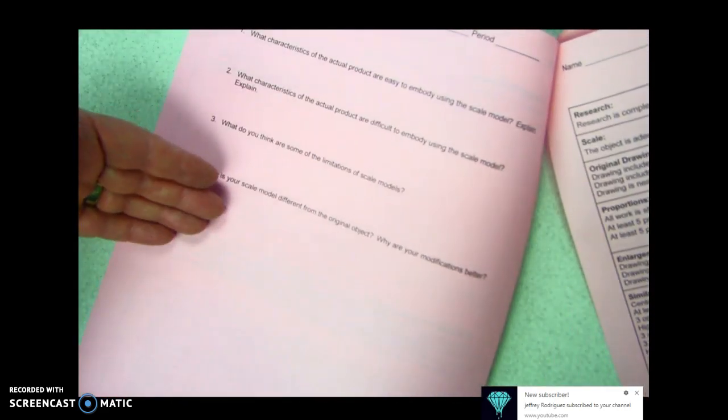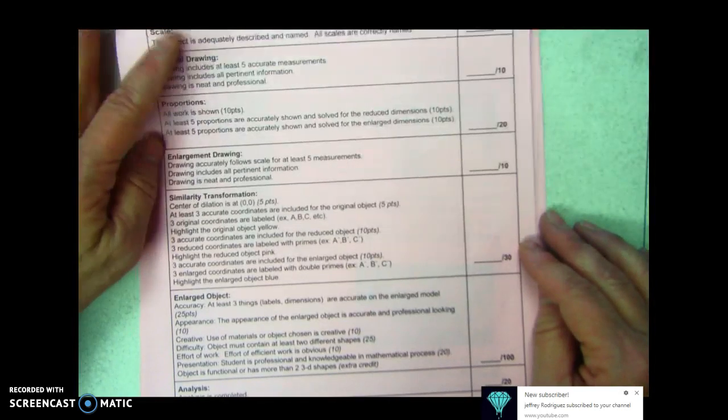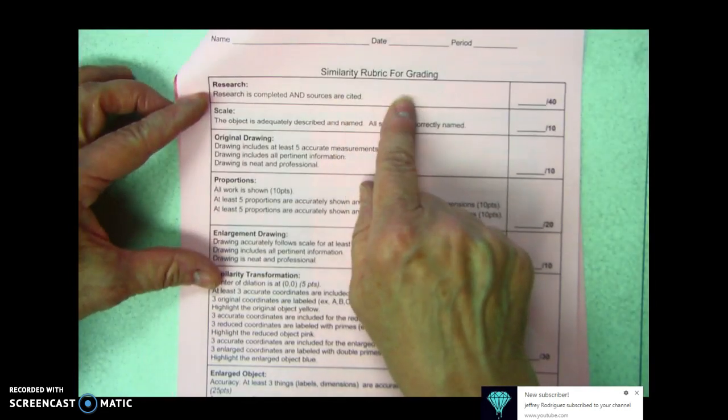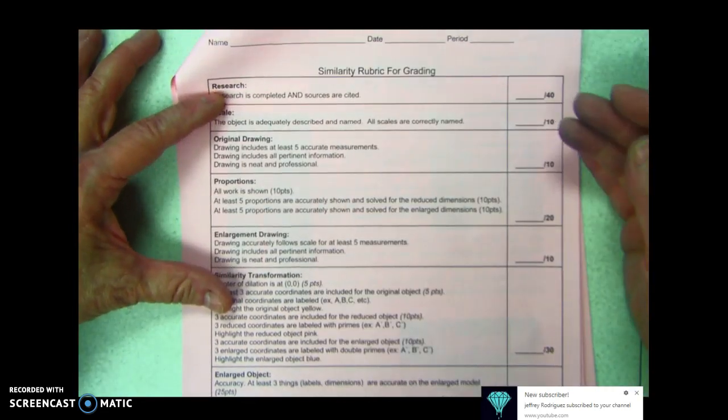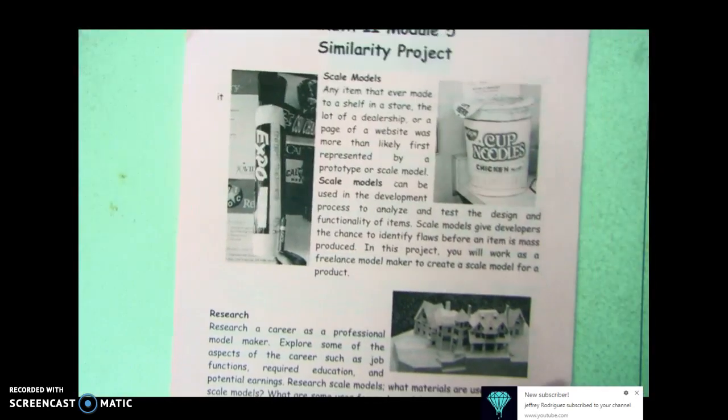I will explain that. And then as you work on the project, you will do some analysis and reflection questions when you're finished. And to make sure that you get the grade you want, there is a rubric for grading. So you'll look through that and find out what you have to do to get the grade that you want on this project. Okay, so that is what you'll be doing today.